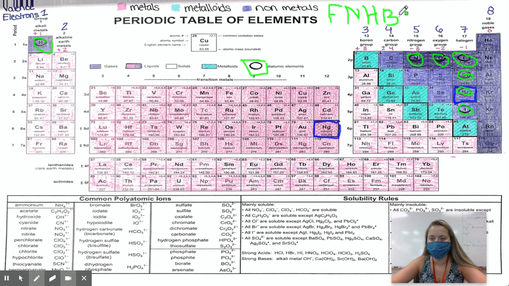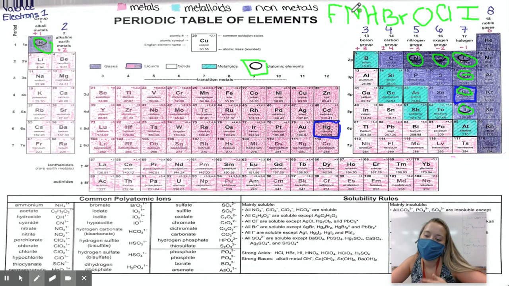Ooh, that's a tough one. O for oxygen. Cl for our chlorine. And then I for our iodine. So when you put that all together, you get effin broccoli. So I would write this in a lot nicer handwriting on your periodic table or Brinkelhoff.